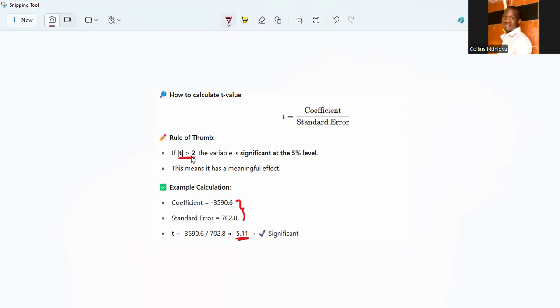Is 5.11 more than 2? Yes. We ignore the signs. So if the t value we get is greater than 2, as this 5 is more than 2, we say this is significant. If we found negative 1.11, it is smaller than 2, so we can say it is not significant.